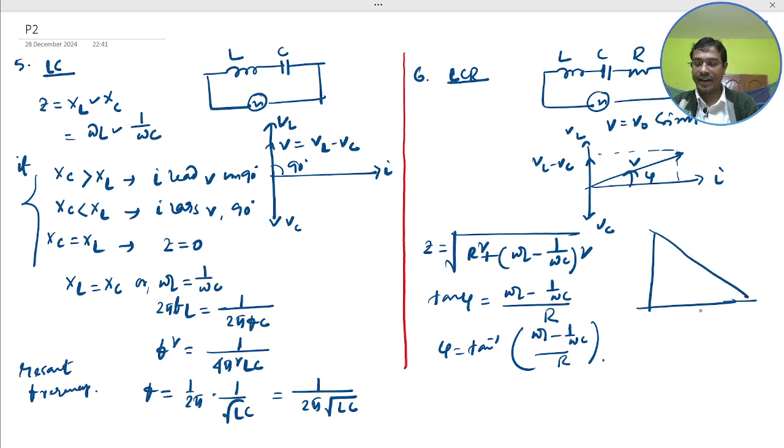For a right angle triangle with R, an angle phi, omega L, and the hypotenuse root of R square plus omega L square.